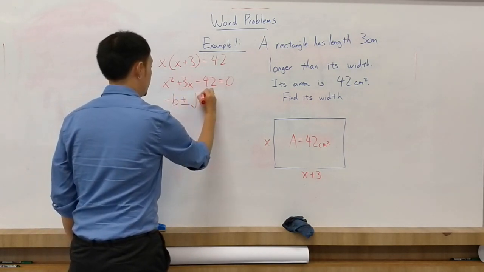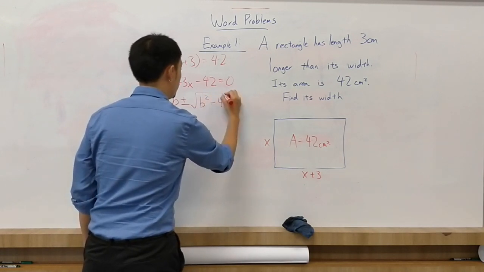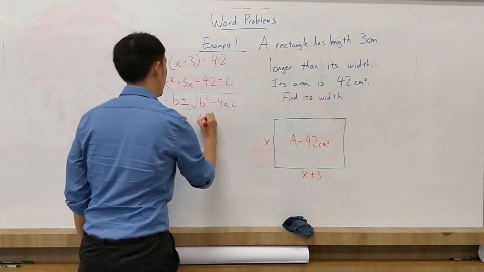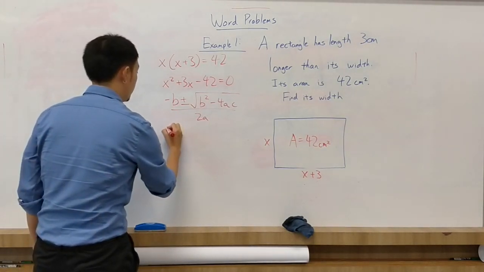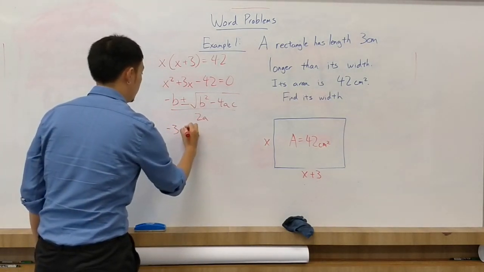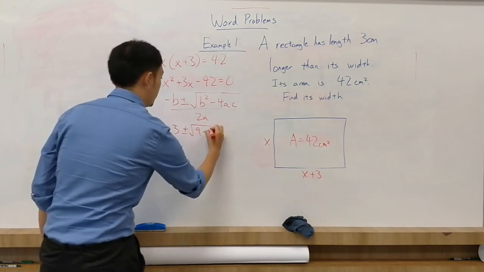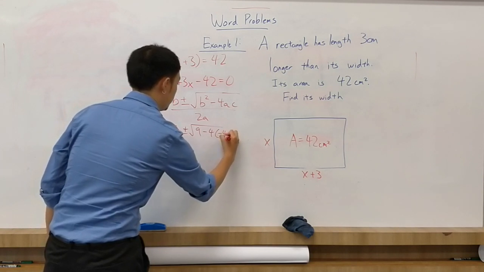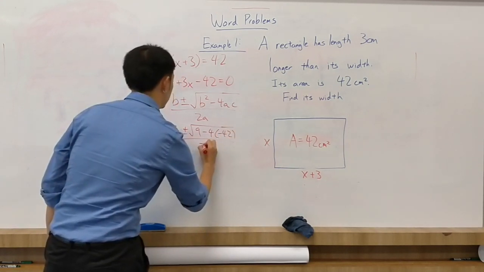Negative b plus or minus the square root of b squared minus 4ac all over 2a. So, plugging in for b, we end up with negative 3 plus or minus the square root of 9 minus 4 times negative 42, all over 2.